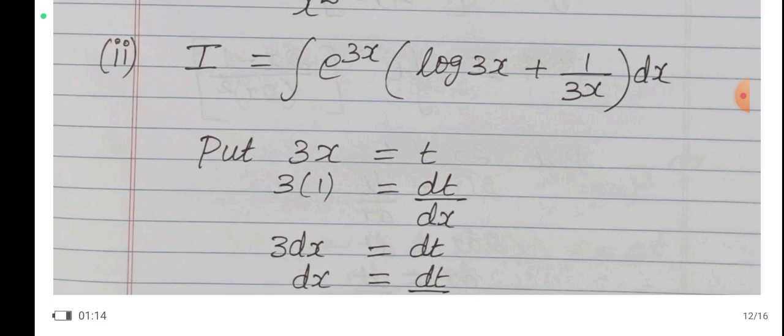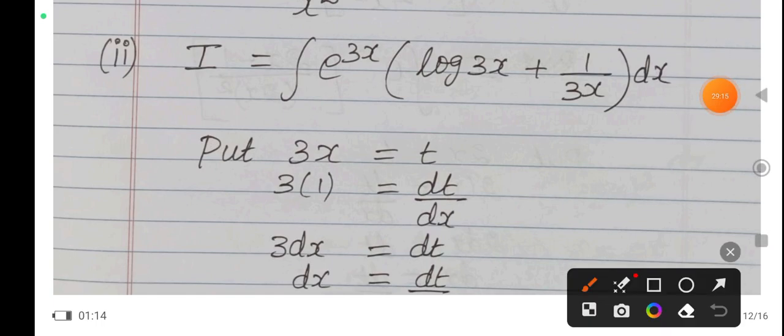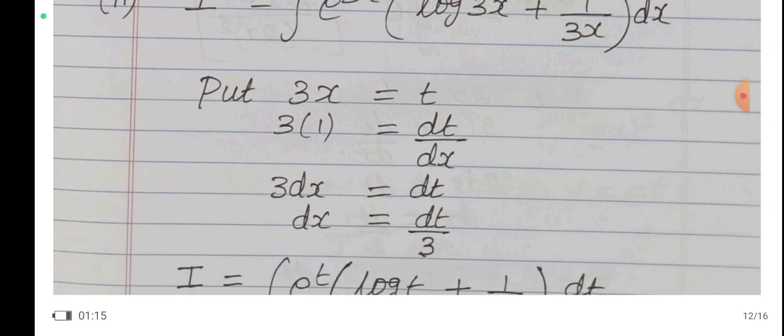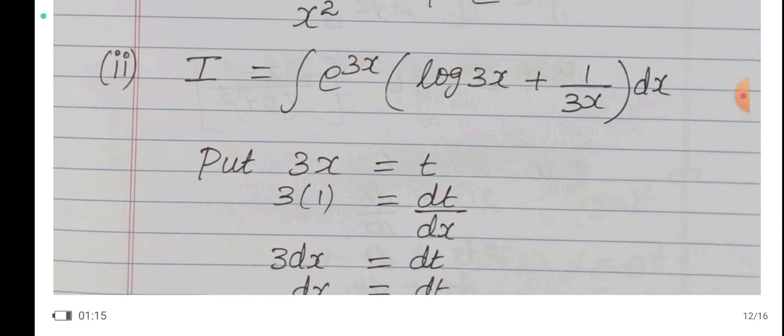So what are we going to keep now? 3x is t, e power t, log 3x is log t, and 1 by 3x is there. So what is 1 by 3x? Taking the reciprocal of 3x, 1 by 3x, so t by 1 becomes 1 by t. So 1 by 3x is nothing but 1 by t.